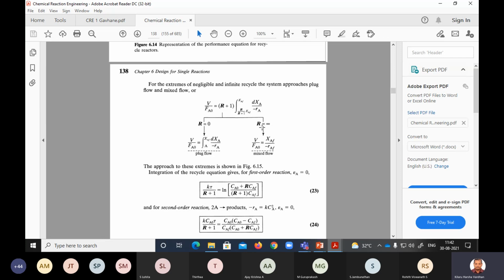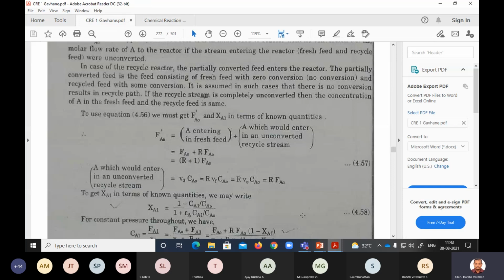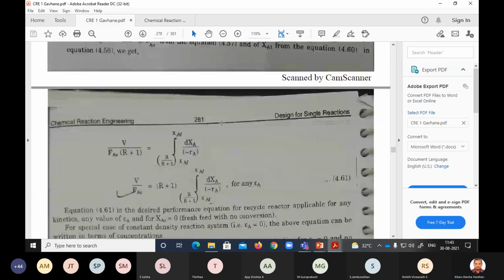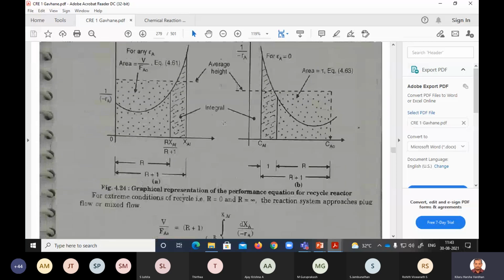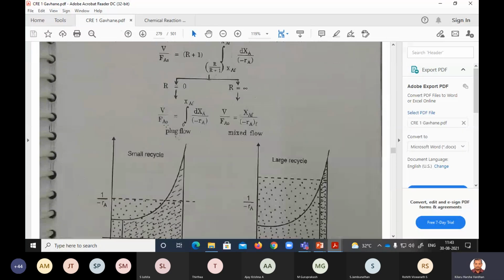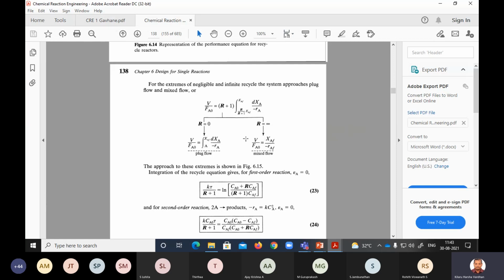When R tends to infinity, you are getting this. That is what they will give. But how it will come, no one will give, either in this book or even this book. He himself is giving the final expression. No book will give you how you are getting this expression.